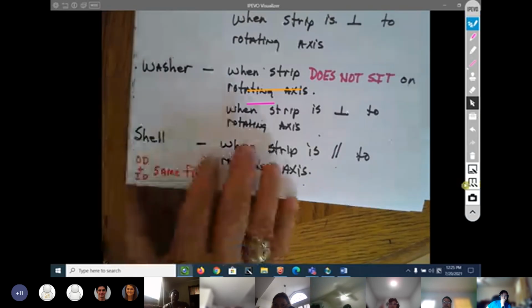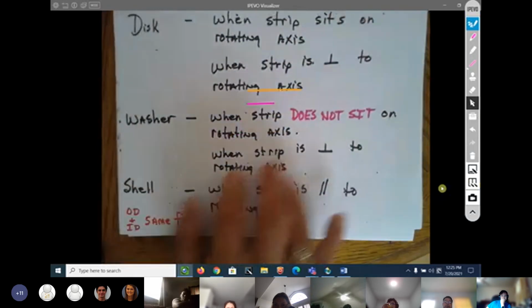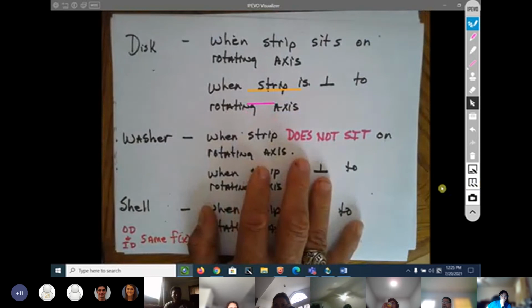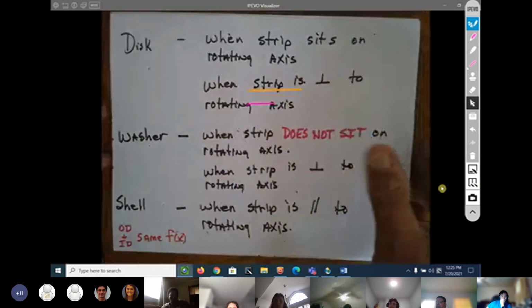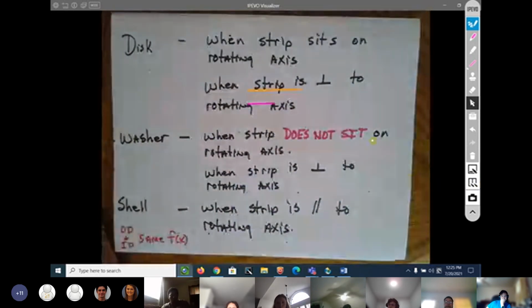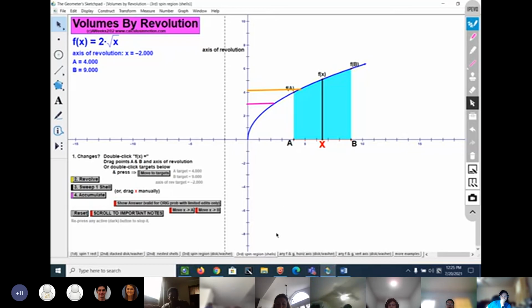Does everybody understand that? Hopefully you understand that, because that's kind of a giveaway for the parallel. So let me go back and let you look at it again. You're going to be rotating around this axis, or vertical axis, whichever.